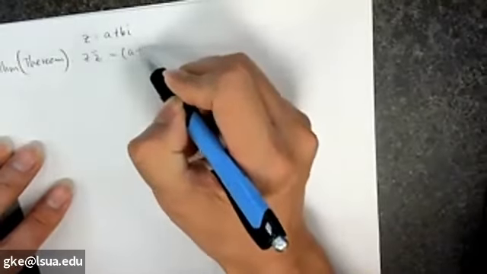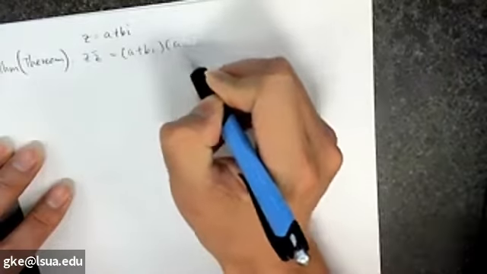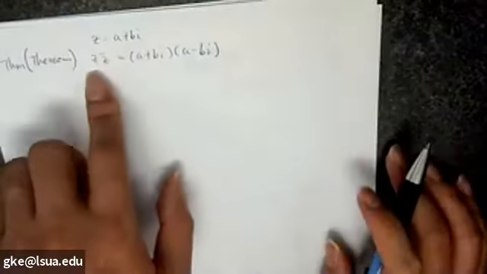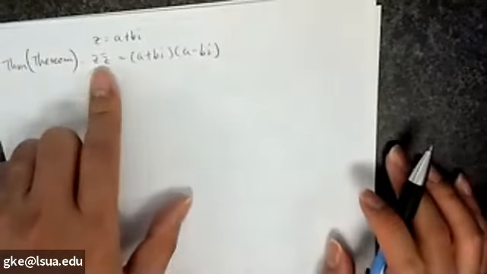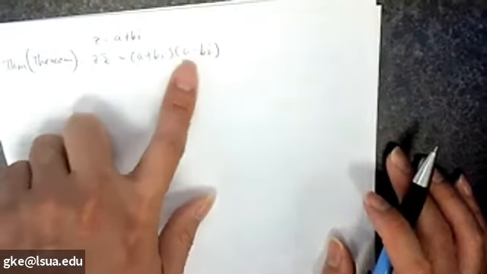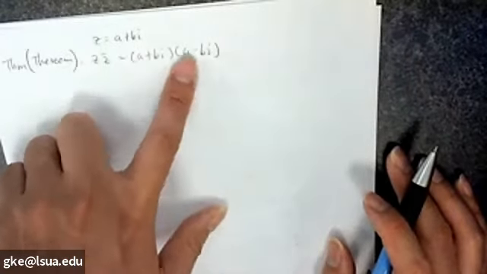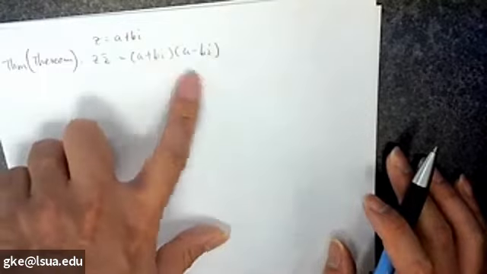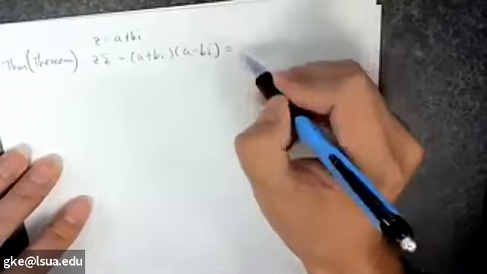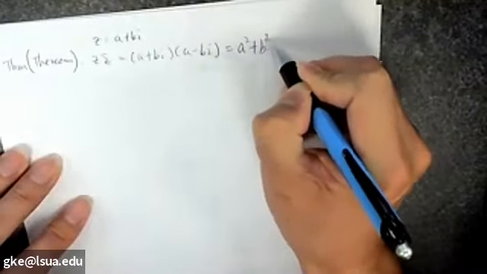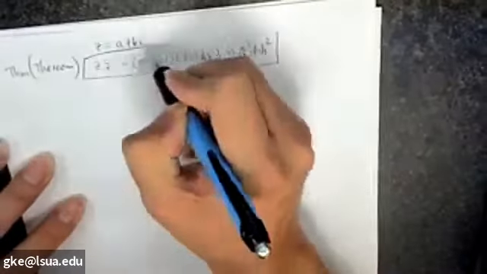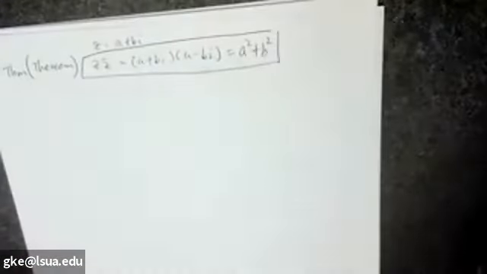So z times its conjugate is going to be a plus bi times a minus bi. We just change the sign of b, it's a conjugate. And this gives you a squared plus b squared. That's the formula you need to learn and know, okay?